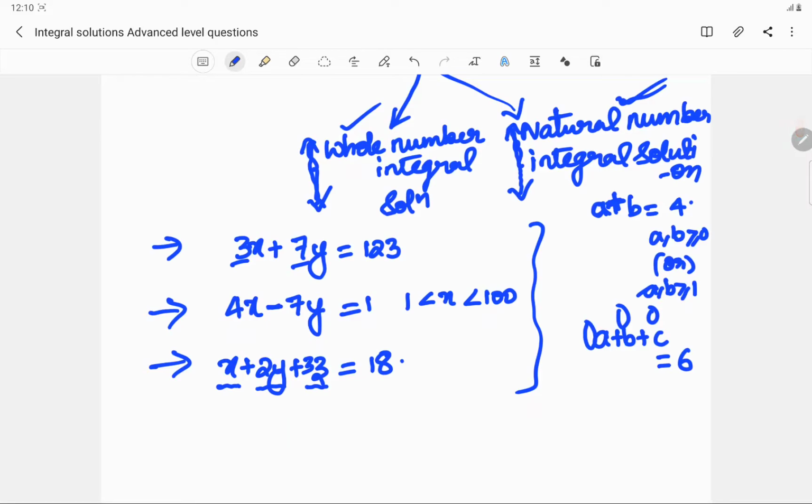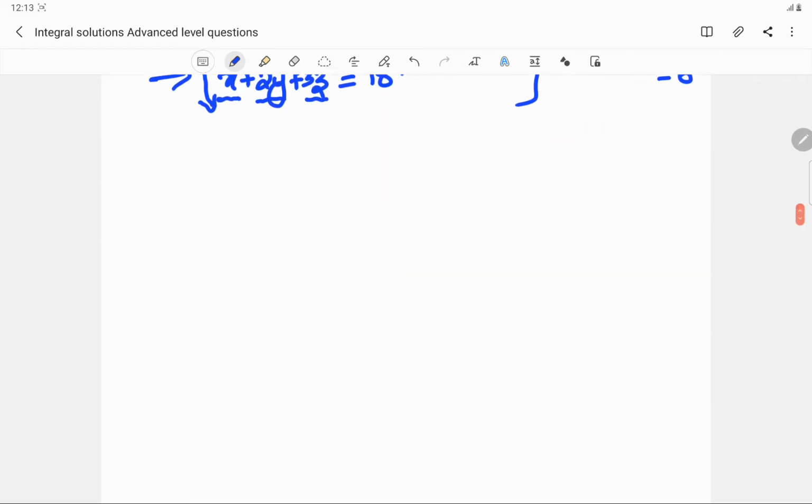Now let us find out the integral solutions to these equations when the coefficients of the variables are not 1. So in this video, let me write down the various types of equations.